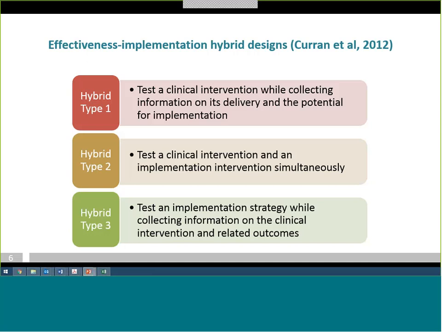The type 3 design, on the other hand, would focus on testing the implementation strategy while collecting information on the clinical intervention and the related outcomes.